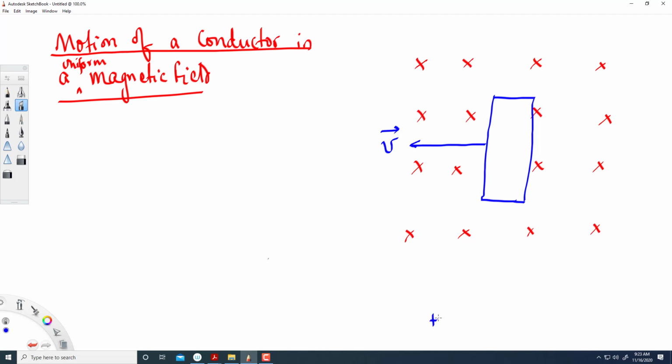So we want to know how the positive charge moves. So assume that there are lots of positive charges in this conductor, and out of trillions of positive charges, consider one positive charge. So what happens to that positive charge when we are moving the rod to the left?